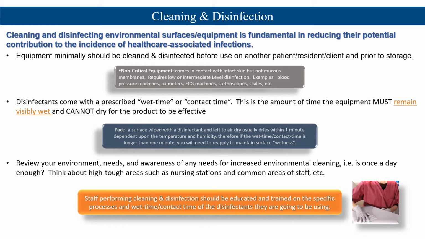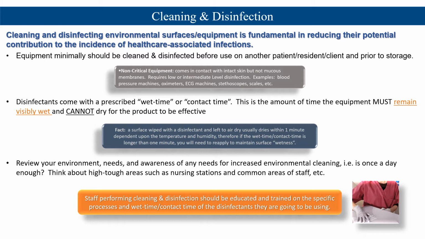Examples: stethoscopes, automated blood pressure machines, blood pressure cuffs, anything that's going to go into the patient, resident, client environment, be removed and go on to someone else, or be stored. You want to ensure that you have a process to make sure that, one, that doesn't go to another individual and, two, does not go to storage before it has been cleaned or disinfected.